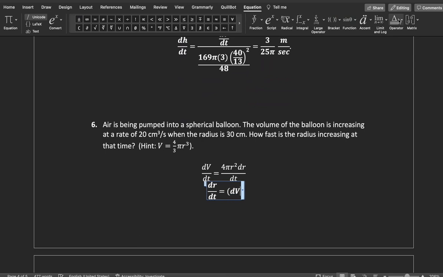dr over dt is equal to dV over dt divided by 4 pi r squared.